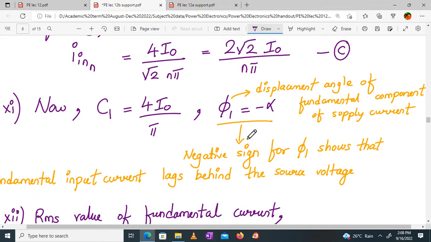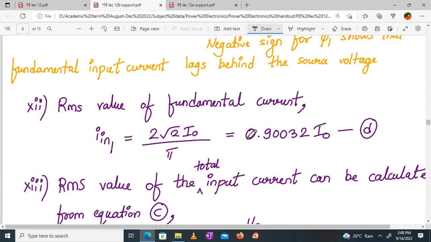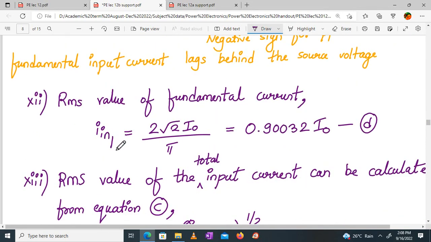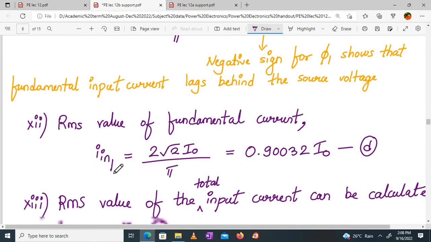Okay? अभी RMS value of fundamental current देखो, अभी ये जो लिखा है ना I n of n, ये RMS वैल्यू है ना. अभी n जब भी 1 है तो कितना वैल्यू रहेगा? So write down I n of 1. ये जनरल फॉर्मूला था ना. So I n of 1 will be 2 root 2 I naught divided by pi.